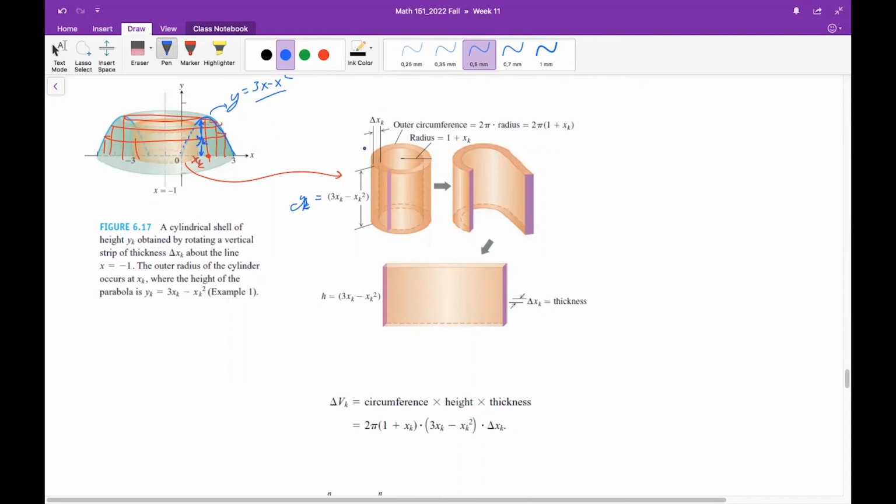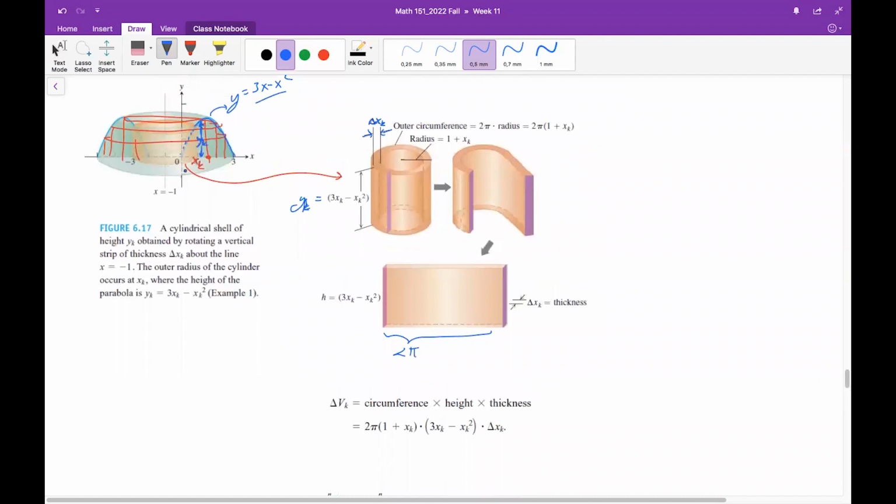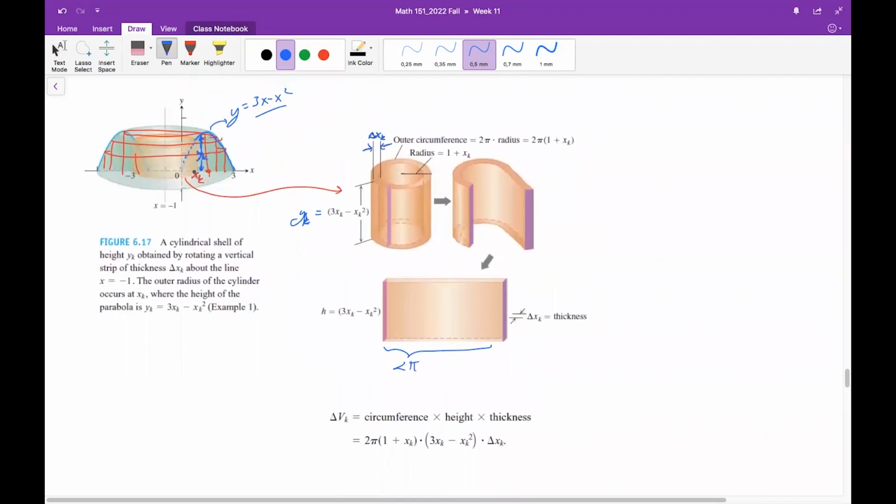And as we said, this is a very thin cylindrical shell, so it will have a thickness. Let's denote the thickness by delta xk. And so the circumference here will be 2 pi r, and the radius of this circular cylinder is what? What is the radius? We already chose the radius as this length.